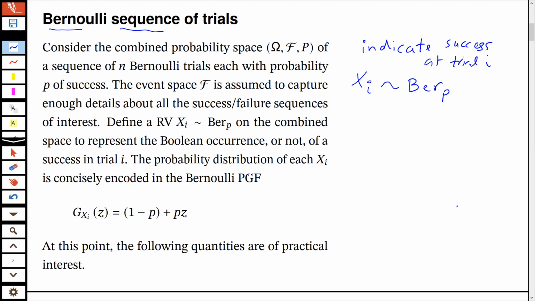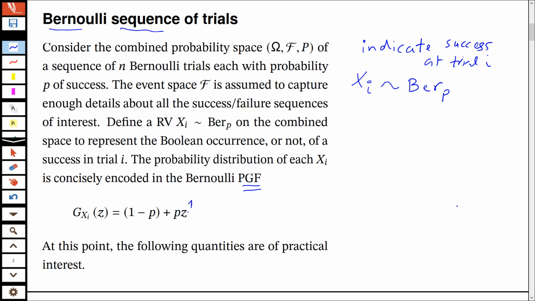And the best way to characterize the distribution is through the Bernoulli PGF, probability generating function, which has 1 minus p and p. So both the probability of success and the probability of failure appear as coefficients. And the exponents of z capture the possible values.